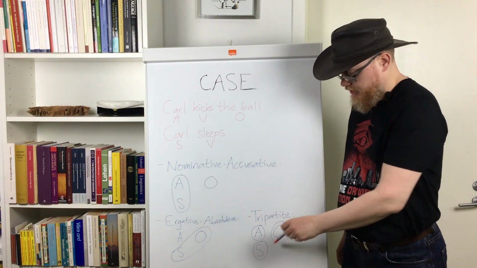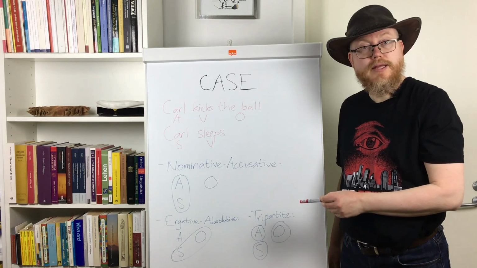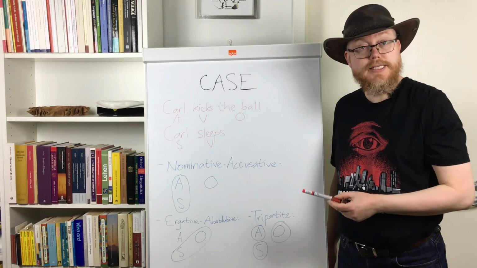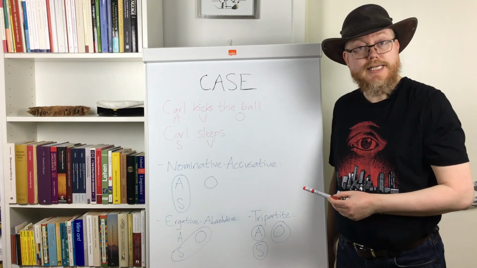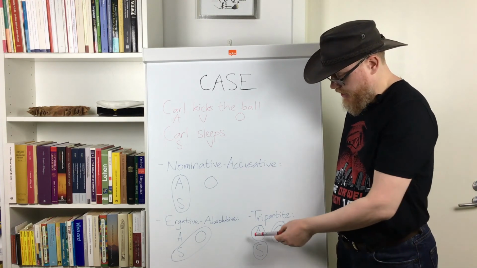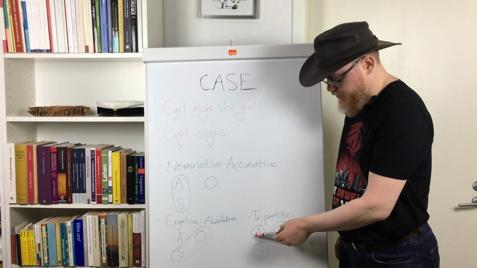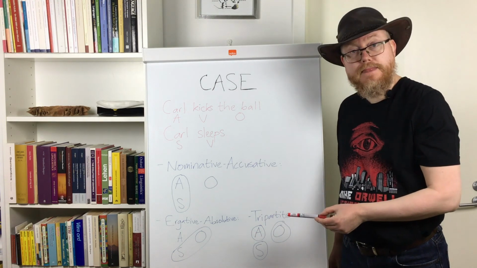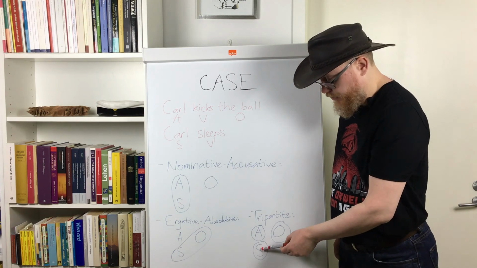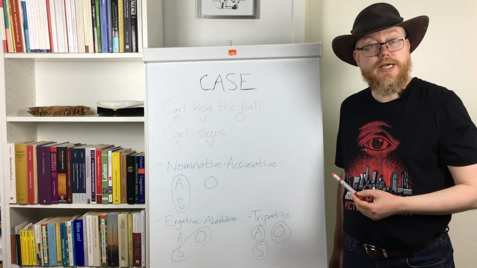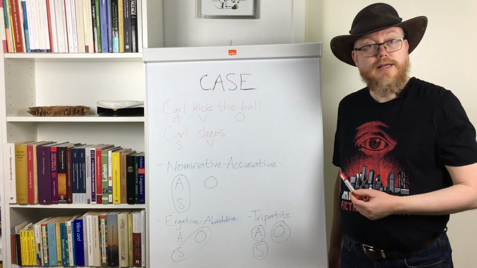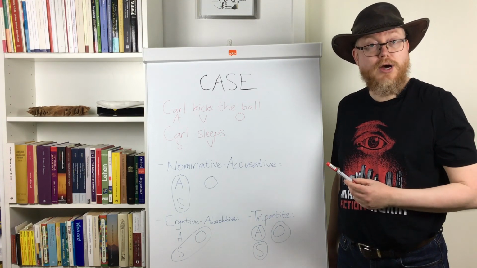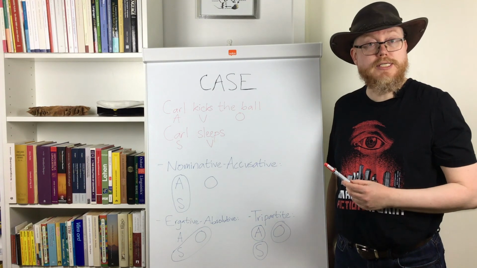Here in this system, all three of these take different case endings. So there is one for the transitive subject, another one for the transitive object, and a third one for the intransitive subject. So now that we've come this far, we can start to talk about case marking in Pama-Nyungan languages.